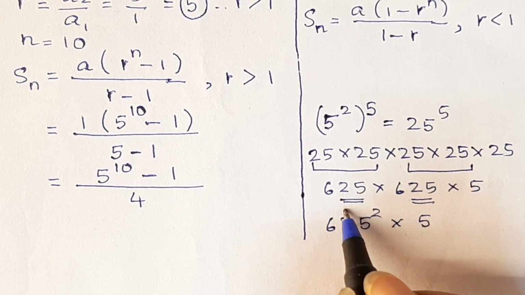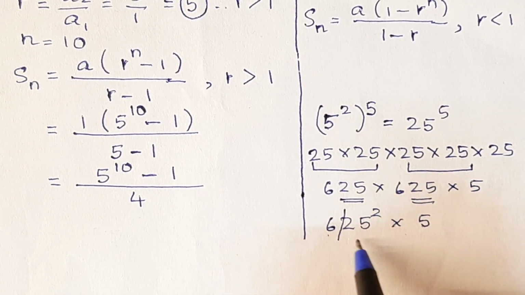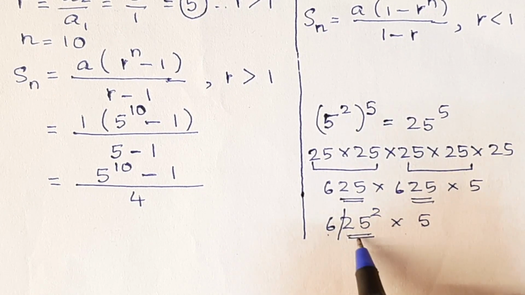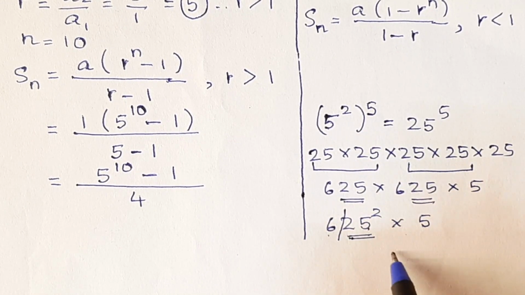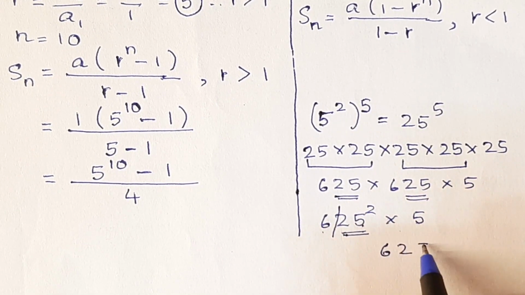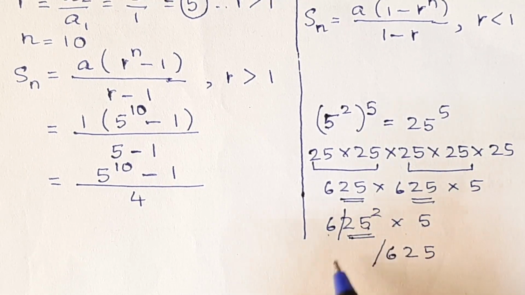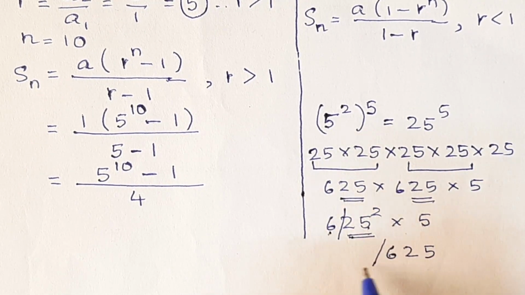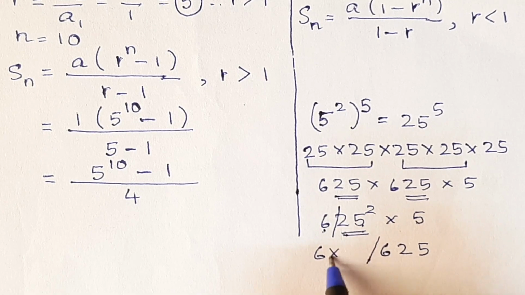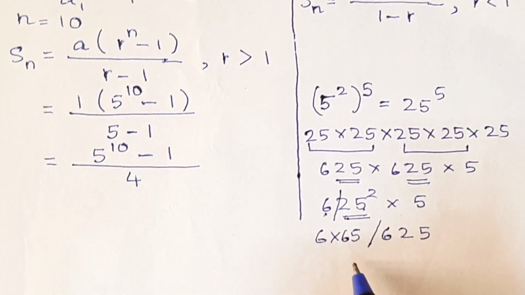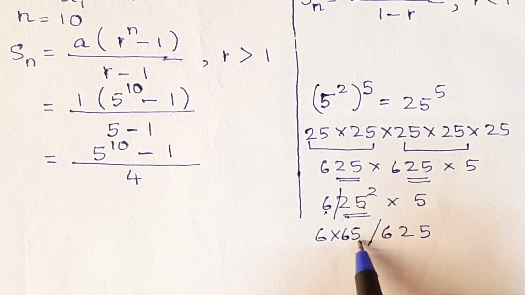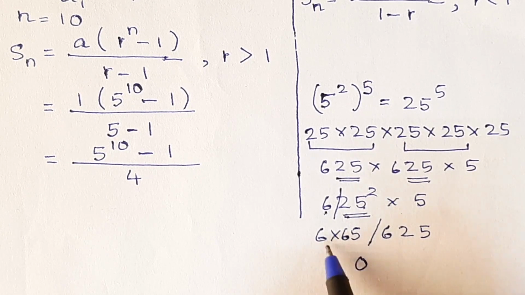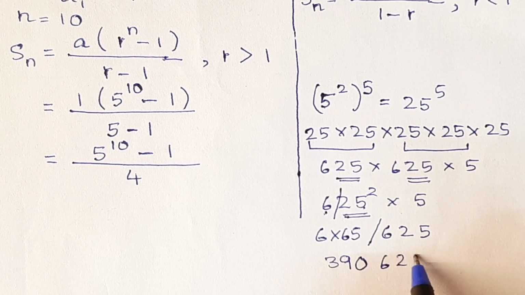So we divide the 625 into 6 and 25. Now number ending in 25, the square number ends in 625. And the part over here, this side, it will be 6 multiplied by 65. And so that gives us 6 5s 30, carry 3, 6 6 36, 39, 390, 625.